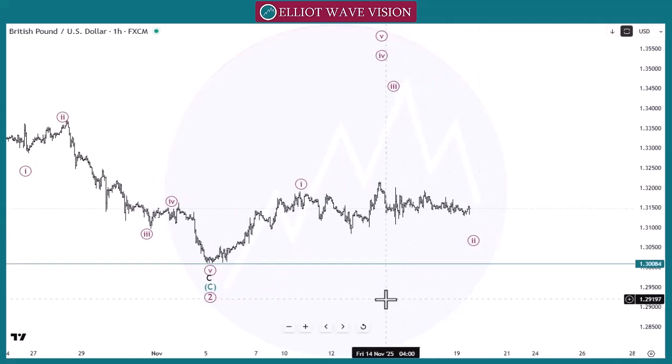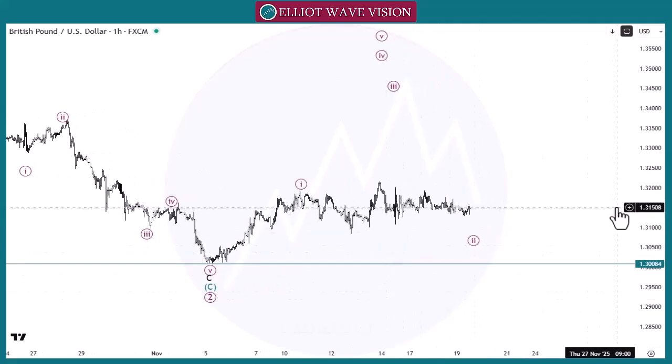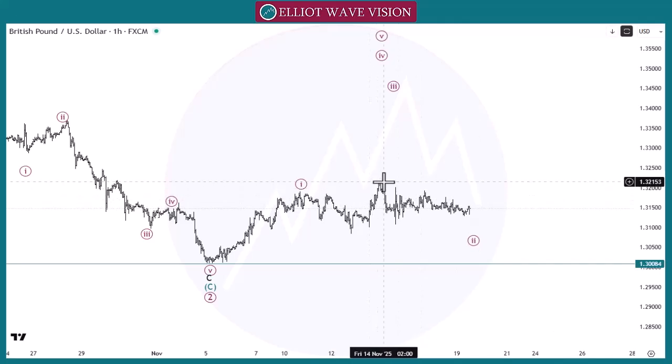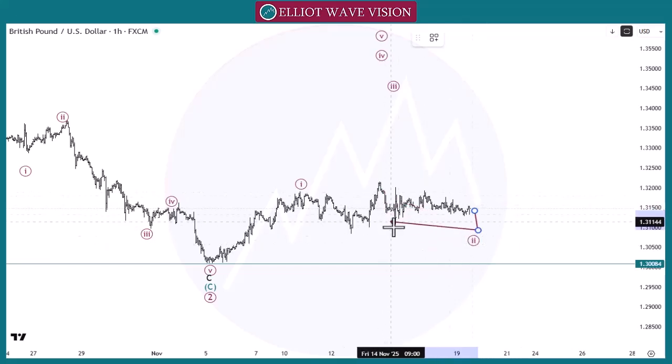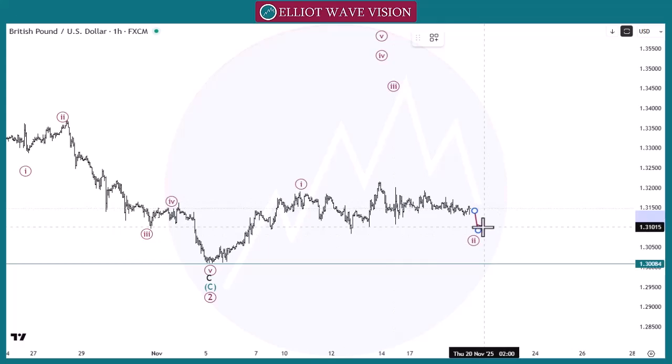Let's check here. So if we count this move like 1.32, 1.32 belongs to group 2. Okay, let's check. The market arrived at this point. Arrival, reaction. The reaction belongs to A, B, and C. Reaction means a three-way pattern, a corrective pattern.